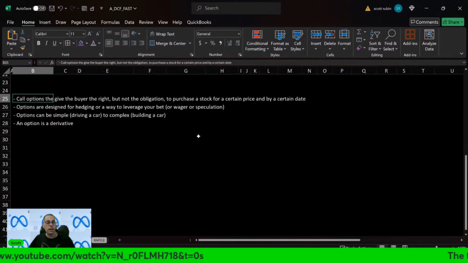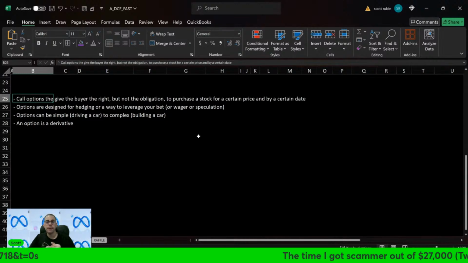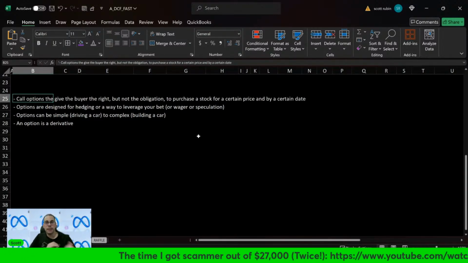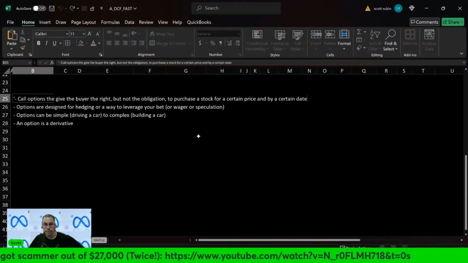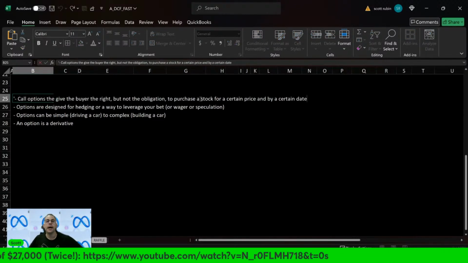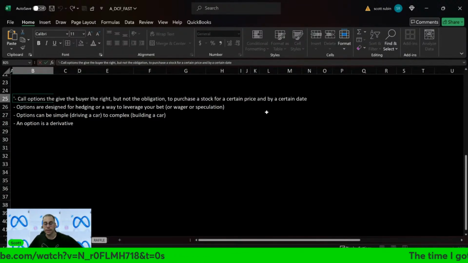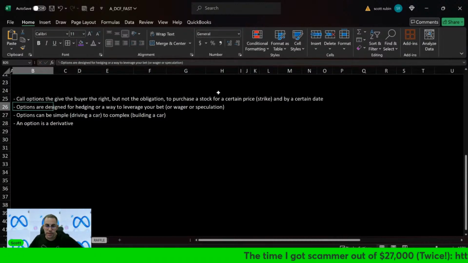So call options give the buyer, who's us, the right, but not the obligation. So we don't have to exercise the option contract. So it gives us the right to purchase a stock at a certain price by a certain date. The strike price.